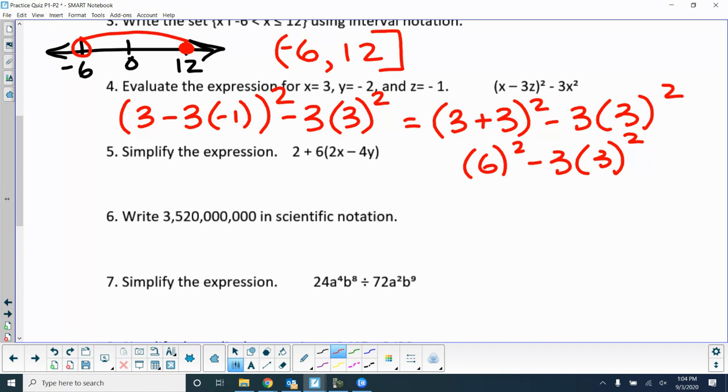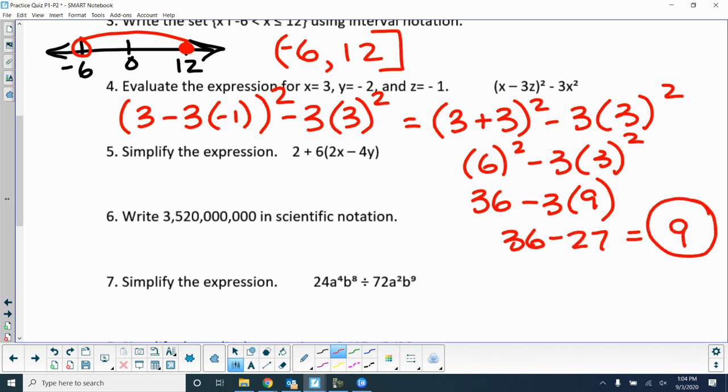So the parentheses are done. Then exponents next, so 6 times 6, or 6 squared, and 3 times 3, or 9. Then multiplication, division. There's no division, but that's multiplication there. And we get 9.